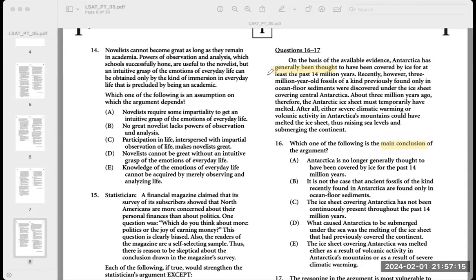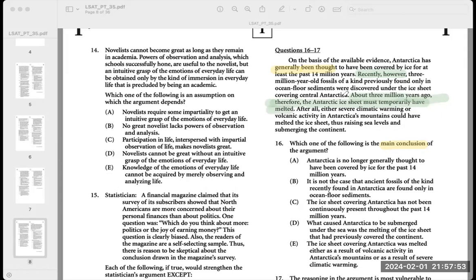All right. On the basis of the available evidence, Antarctica has generally been thought to have been covered by ice for at least the past 14 million years. Recently, however, so this is getting to the author's opinion now, 3 million-year-old fossils of a kind previously found only in ocean floor sediments were discovered under the ice sheet covering central Antarctica. About 3 million years ago, therefore, so it's definitely one conclusion, right?